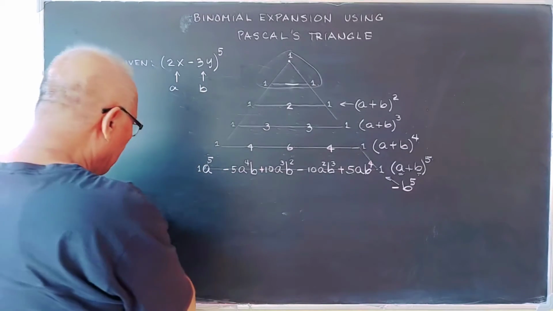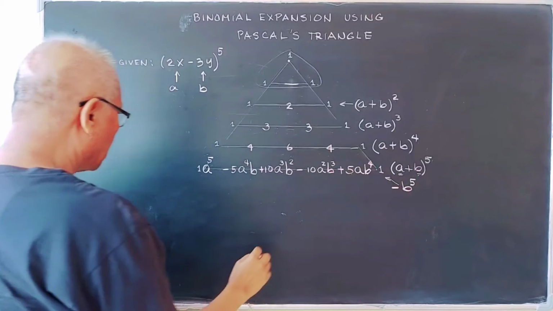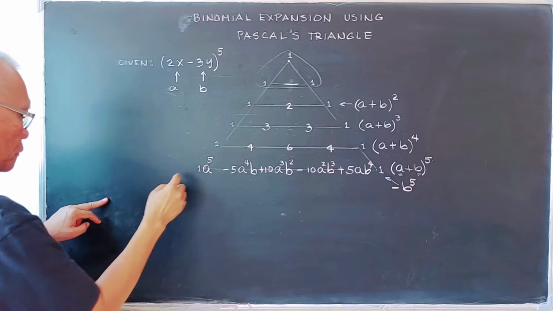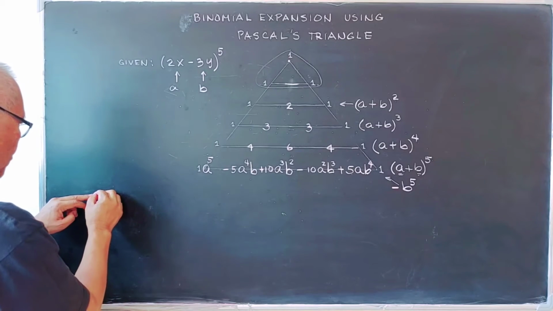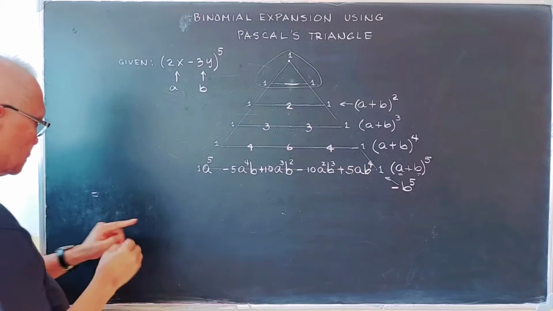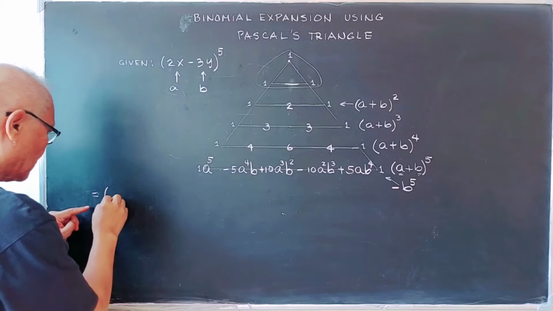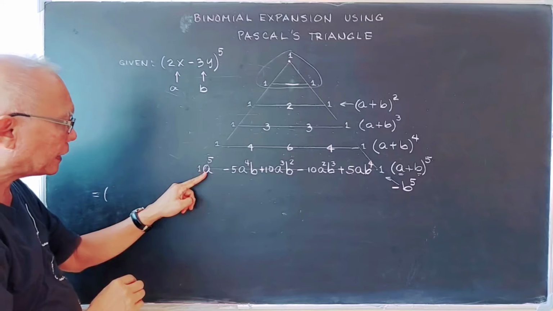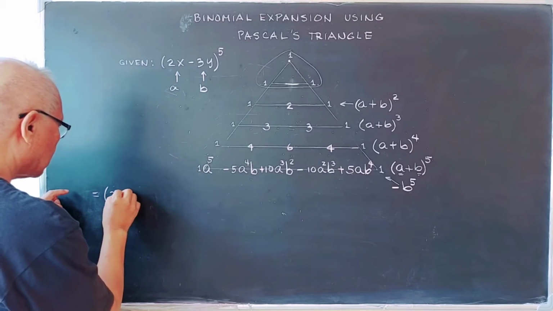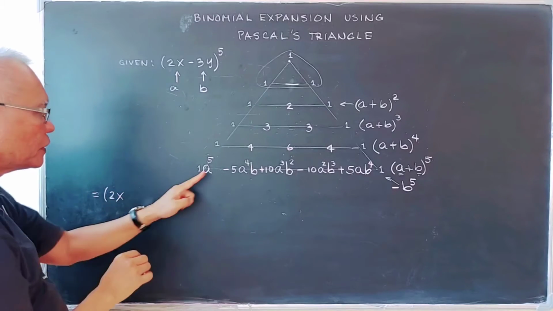Okay, so we are going to put here that one now. So let's have first this one, 1. So I'm going to put here equals 1. Okay, no problem. Do not put any more than 1. A. What is A? A is 2x. So we have 2x. What are we going to do with the 2x?